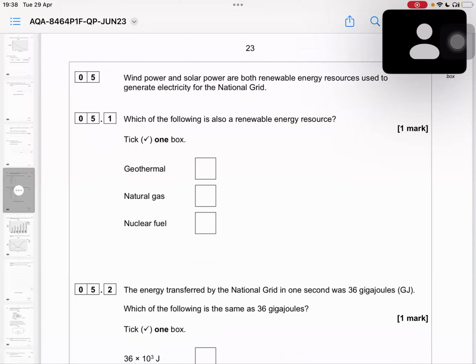Wind power and solar power are both renewable. They are both renewable energy resources used to generate electricity for the national grid. Which of the following is also a renewable energy?